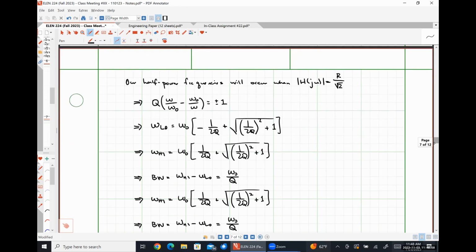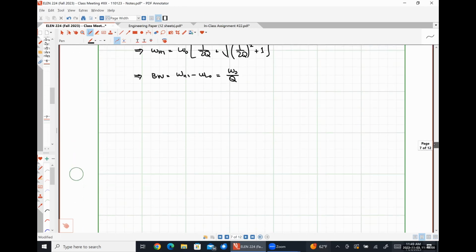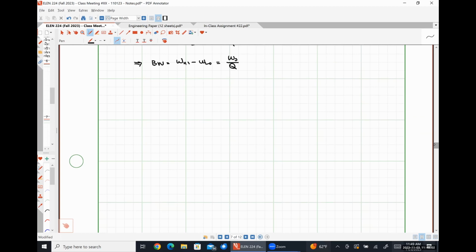So now let's talk about other resonant forms. What we've talked about to this point are idealized cases, right? So we have the simplest combination of elements possible.